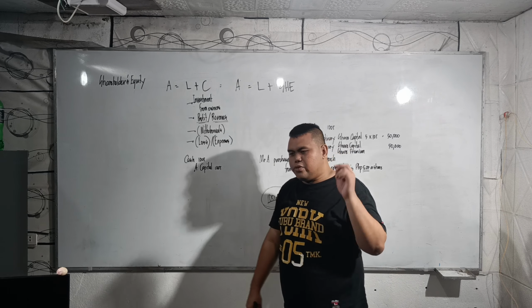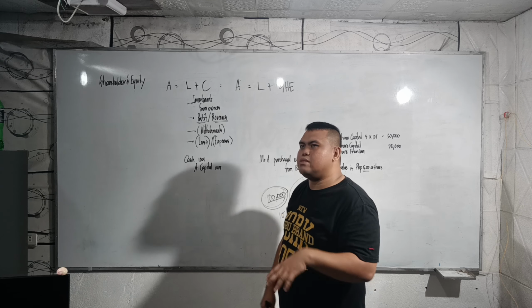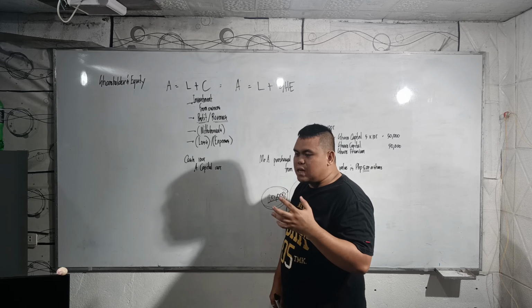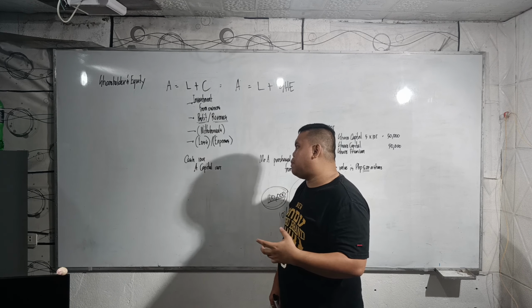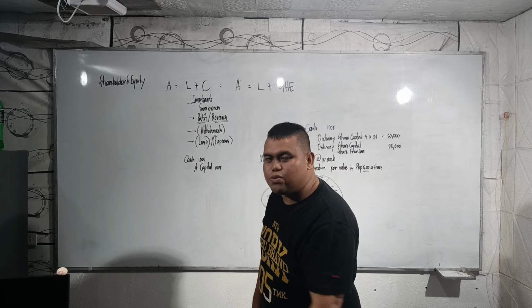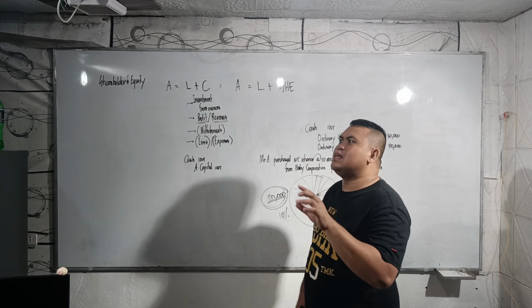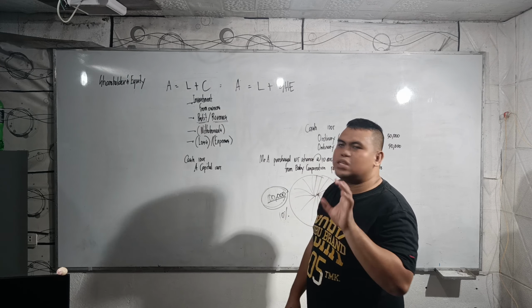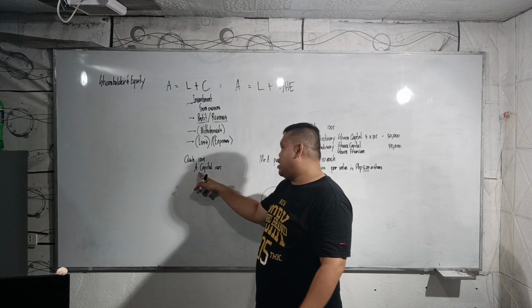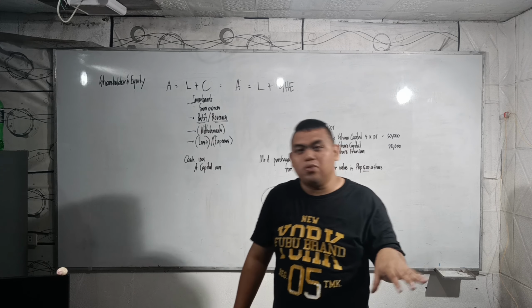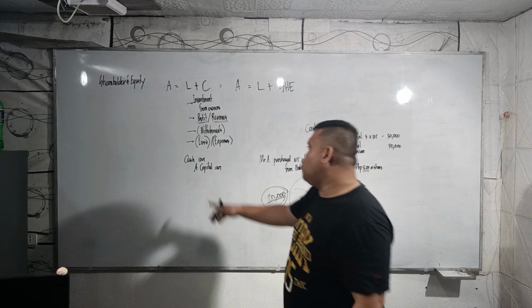If ever there are third-party creditors and they have a claim in the company and the company cannot pay, they will go after those general owners, like the sole proprietor and the general partner in the partnership.